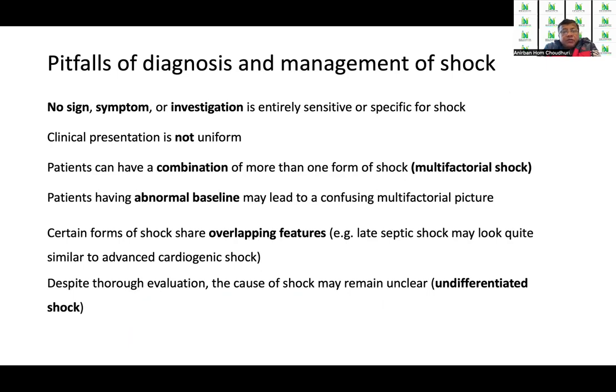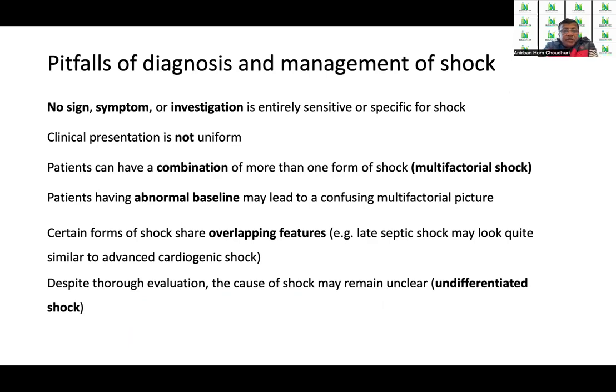There are certain pitfalls in the diagnosis and management of shock: no sign, symptom, or investigation is entirely sensitive or specific for shock. So we will have to sum up those features in order of their severity to assess the manifestations.